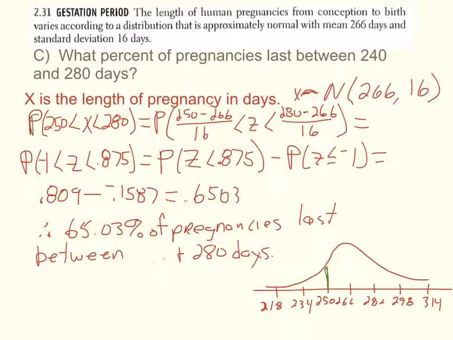I said 240 right there, I meant 250. So 250 up to about 280. And then shade your distribution.